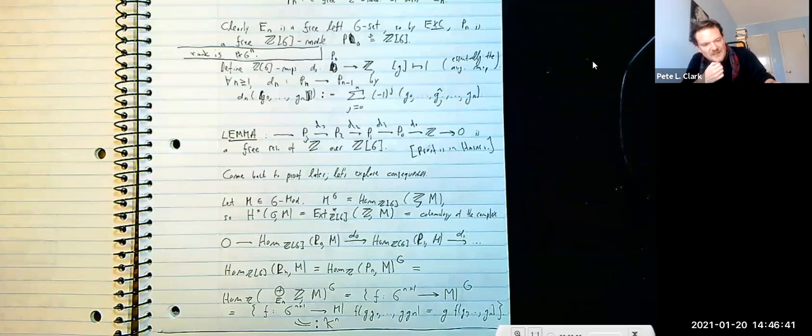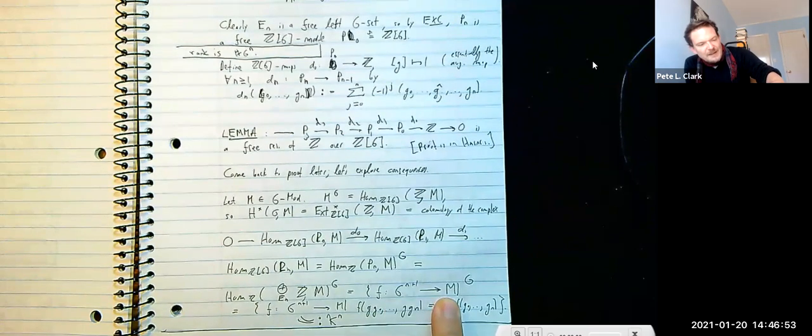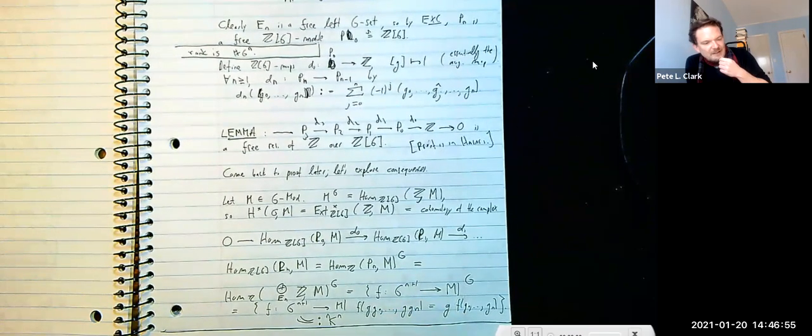And so what does that mean? Again, we have this map from a group, not necessarily from G, into M. I have my G action on both sides, and so I know what the G action is here.